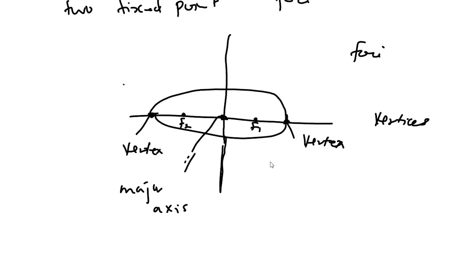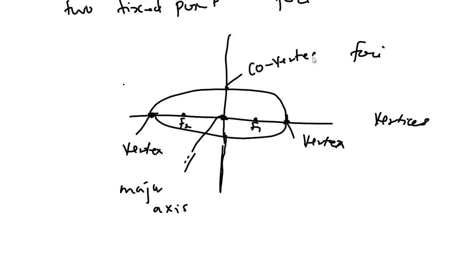All right, a line perpendicular to the major axis through the center intersects the ellipse at a point called the co-vertex. So this line here is perpendicular to the major axis, and it intersects the ellipse at a point, and those points we call the co-vertex.